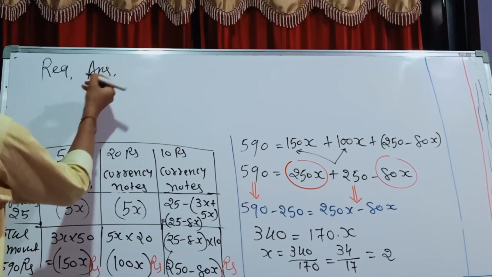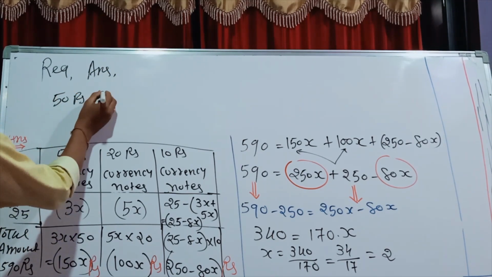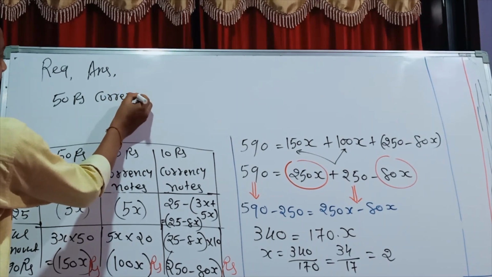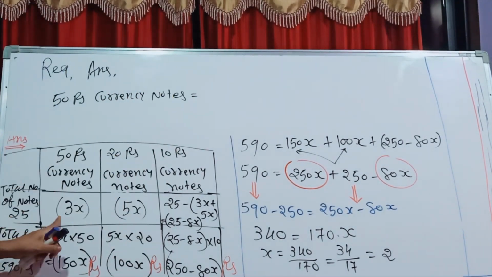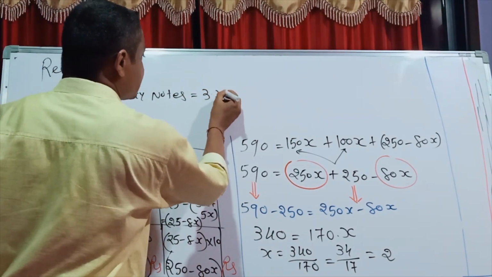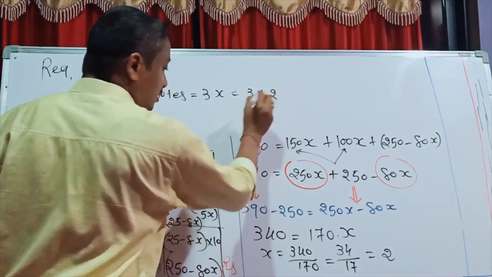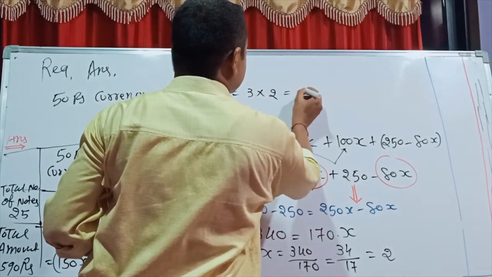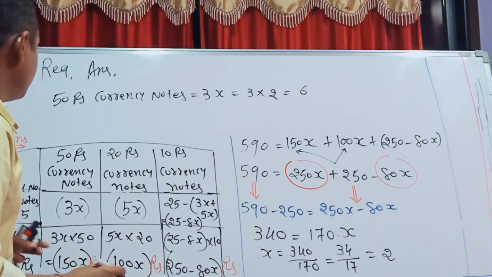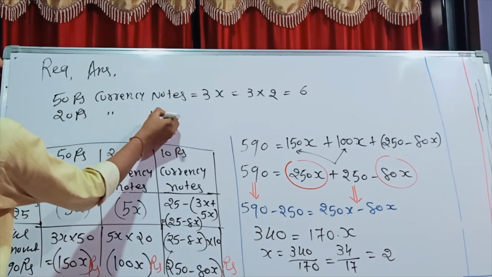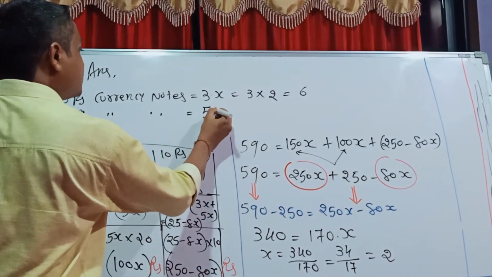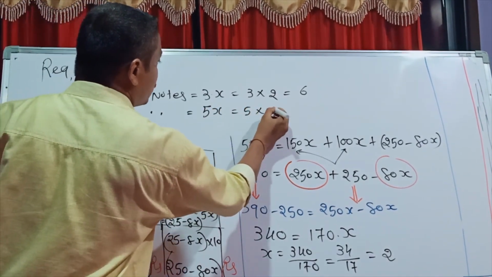answer for 50 rupees currency notes. How many currency notes for 50 rupees? Yes, it is 3x. So how much? 3 into 2, it is 6 notes. Similarly, next the 20 rupees currency notes, it is 5x. So I write 5 into 2.